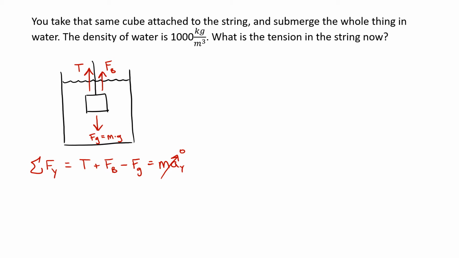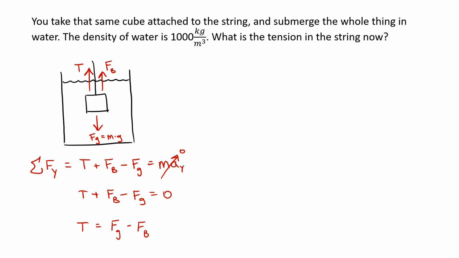So finding tension has turned into something fairly easy. That's the equation we have. We just have to get tension on one side of the equal sign. So tension is equal to the weight of the object minus the buoyant force.